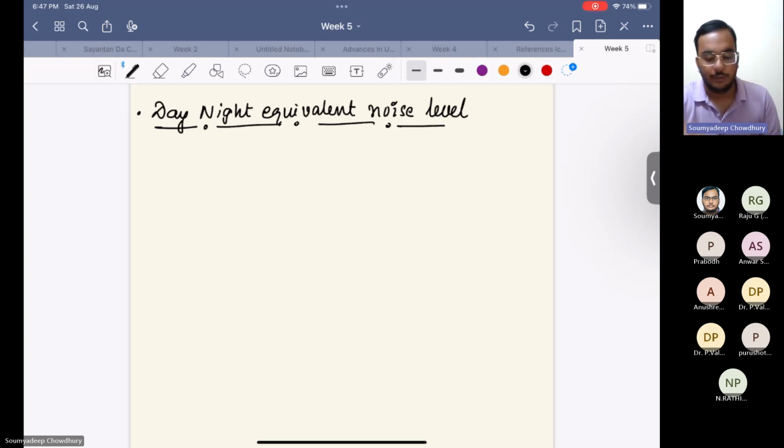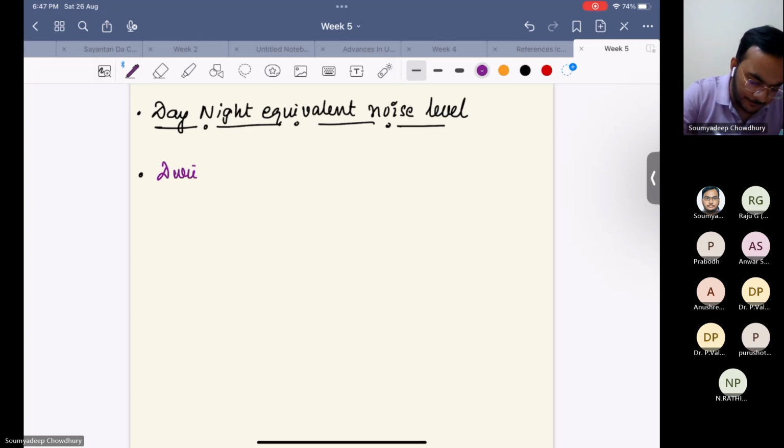So we have a formula for this day-night equivalent noise level, to compensate for the nighttime increase of 10 times. I'll write it down, then I'll explain.